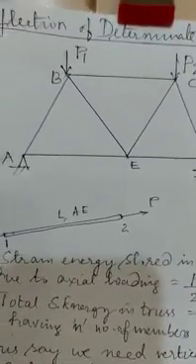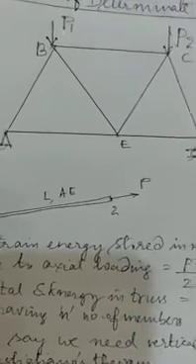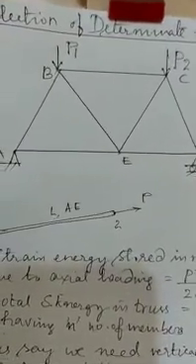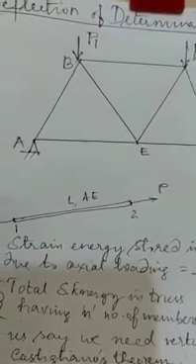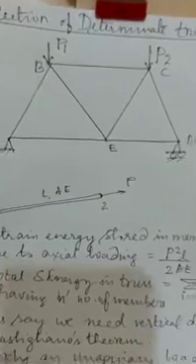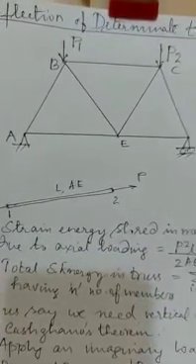The given truss is subjected to loads P1 and P2. Before we attempt to determine the deflection at any joint in a particular direction, let us try to obtain the expression for strain energy stored in a truss.